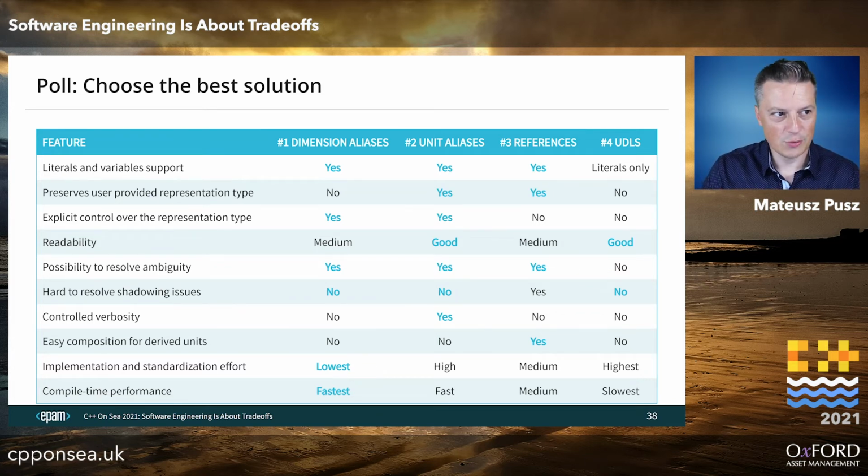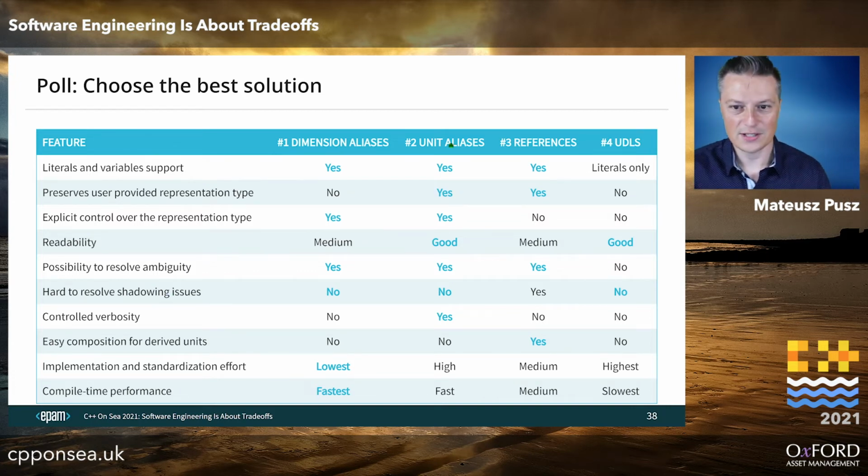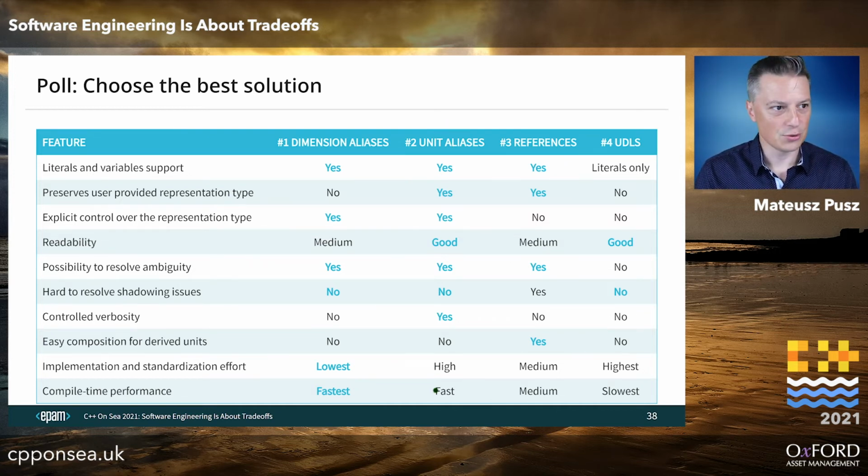And now I see that the clear winner is option 2, unit aliases. Unit aliases right now has 56% of all of the votes. Dimension aliases have 16, references have 19, and UDLs have 8. So it seems that in this case, the community would prefer unit aliases as the best solution for going on.